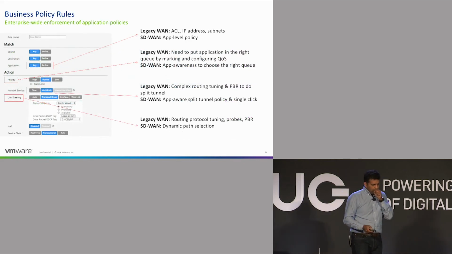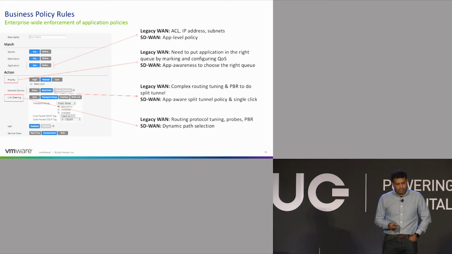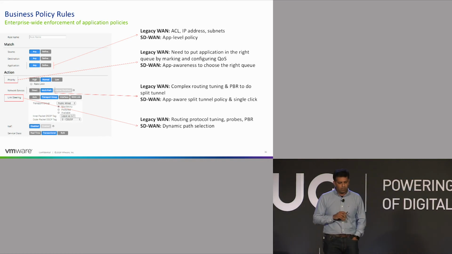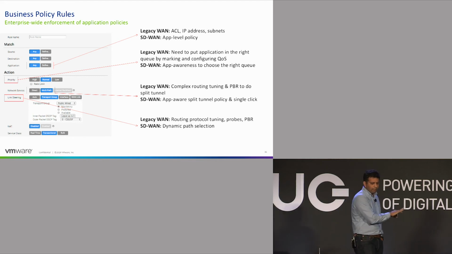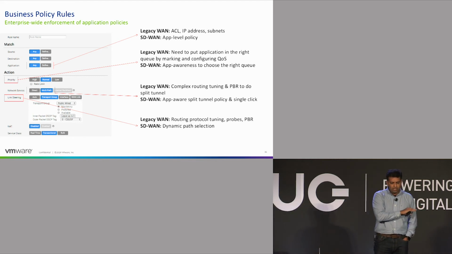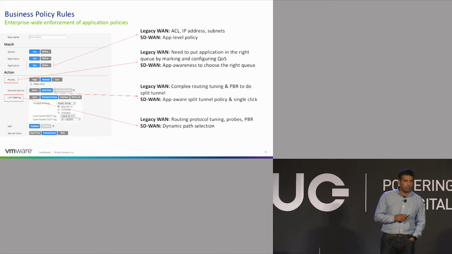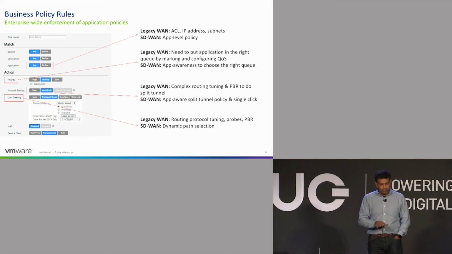So this is just to give you an idea, like when I talked about the configuration simplification stuff, how our business policy rules are defined. So it's again application-based, right? So it's not like a traditional routing. And then also we have application-based QoS as well, right? Depending on what kind of applications you have, you can define application-based QoS. And we talked about the dynamic path selection.